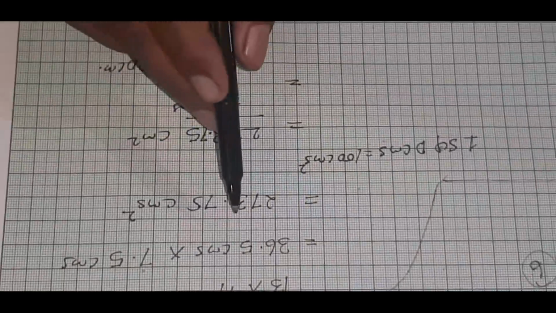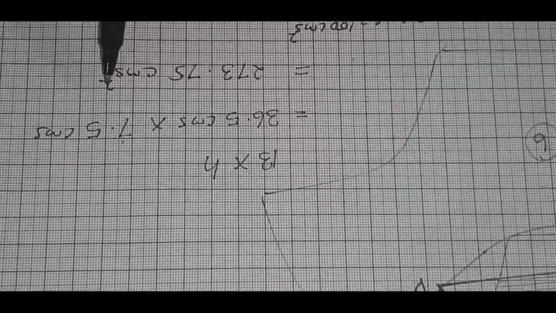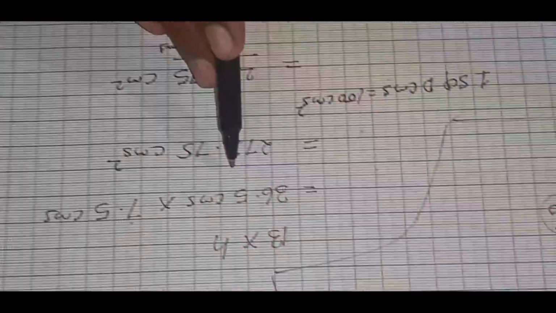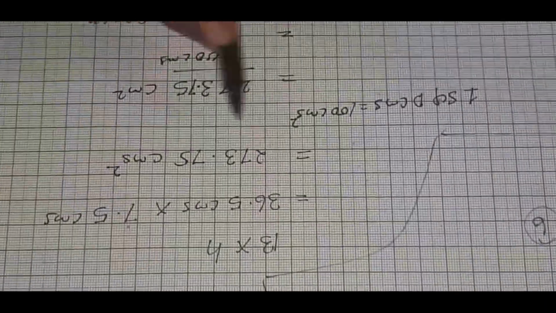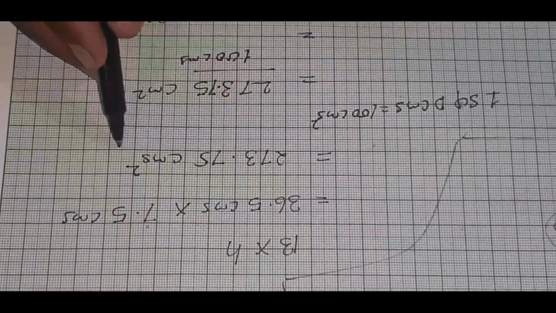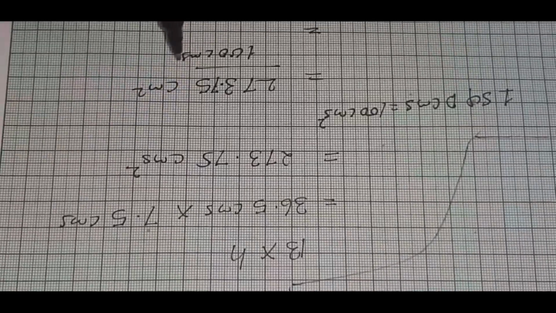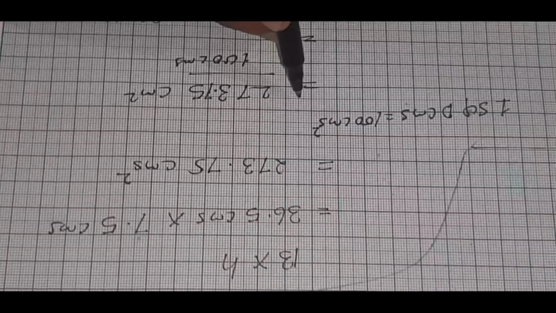So I just calculate base multiplied by height, and we get the area of this parallelogram. So base is 36.5 centimeters and height is 7.5 centimeters. We just multiply, we get 273.75 centimeters square. This is the parallelogram area. So it is in centimeters, we are converting into square decimeter. To convert to square decimeter, 1 square decimeter equals 100 centimeters square.